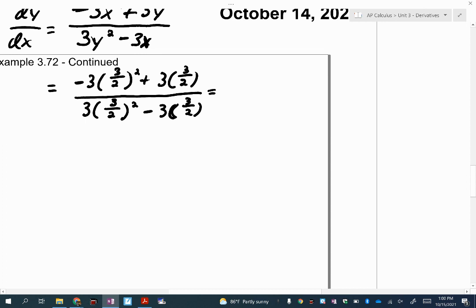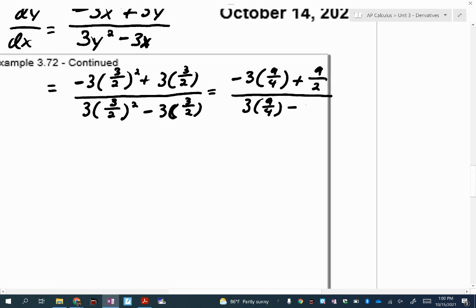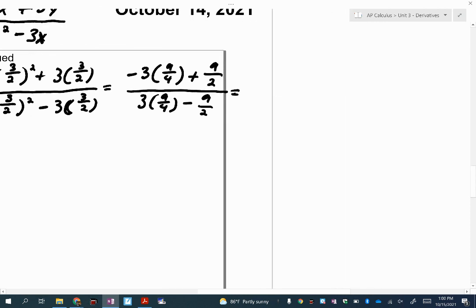3/2 squared is 9/4. All right, and then 3 times 3/2 is going to be 9/2, all over, again, 3/2 squared is 9/4, and that's going to be minus 9/2. Keep going.